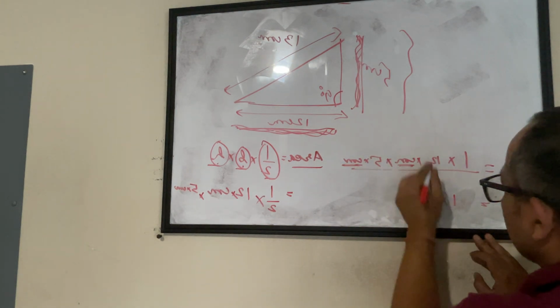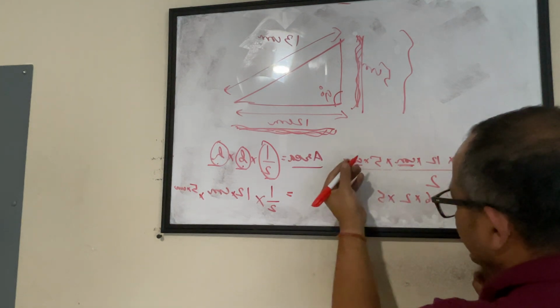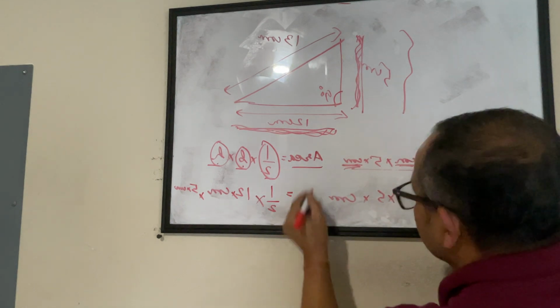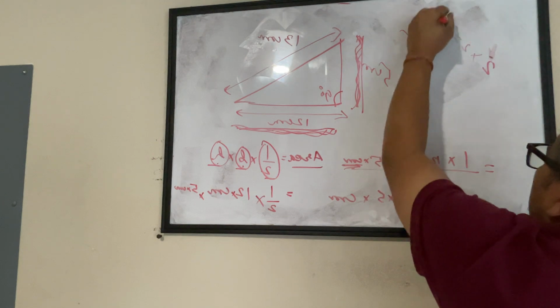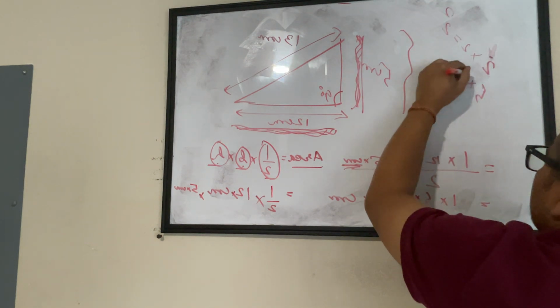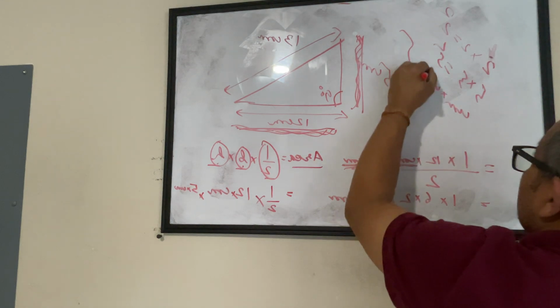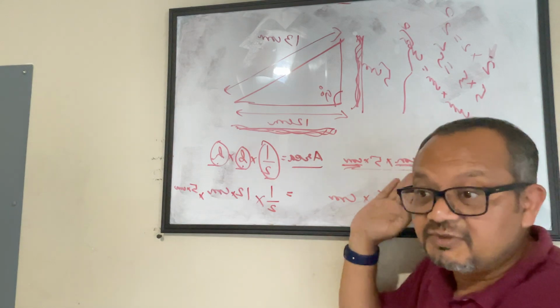So 1, now 12 I can write as 6 into 2, and 5 I can write as 5. And then centimeter and centimeter together. Centimeter into centimeter. Remember I said 2 into 2 makes it 2 square, 5 into 5 makes it 5 square, centimeter into centimeter makes centimeter square. That is why some of you said the area is this much centimeter square.